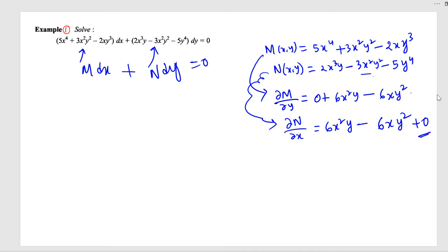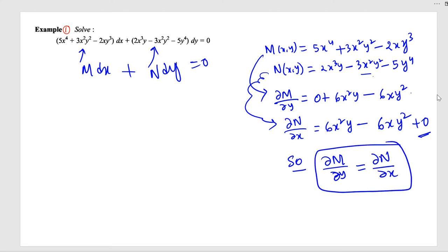So we can see that del M del y equals del N del x. This is satisfied, hence the given ODE is exact.